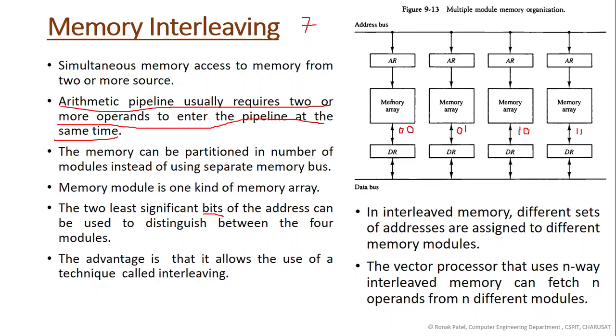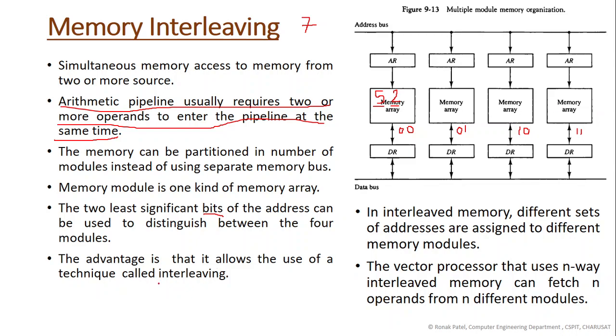Now as I divide it into 32 bytes each, to address these 32 bytes, how many bits are required? 5. So the most significant 5 bits are used as the address within that particular memory, and the least significant 2 bits are used to differentiate this memory module or memory array.